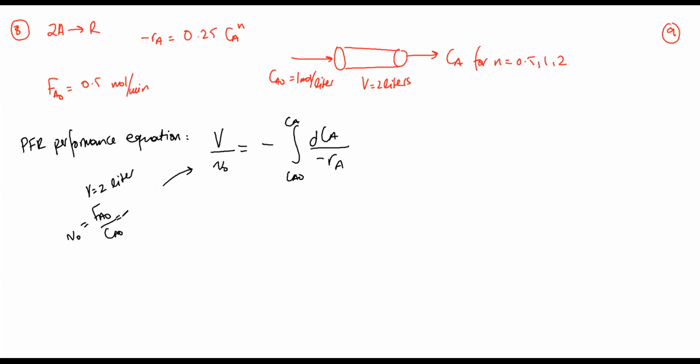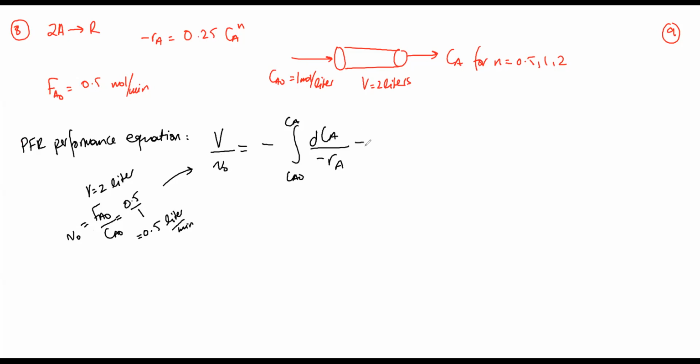So in this case, I get 0.5 divided by 1, so it's equal to 0.5, and this is mole per minute divided by mole per liter. So this will give me liter per minute, right? This is V naught, this is the volume. So V divided by V naught, this expression is equal to 4.